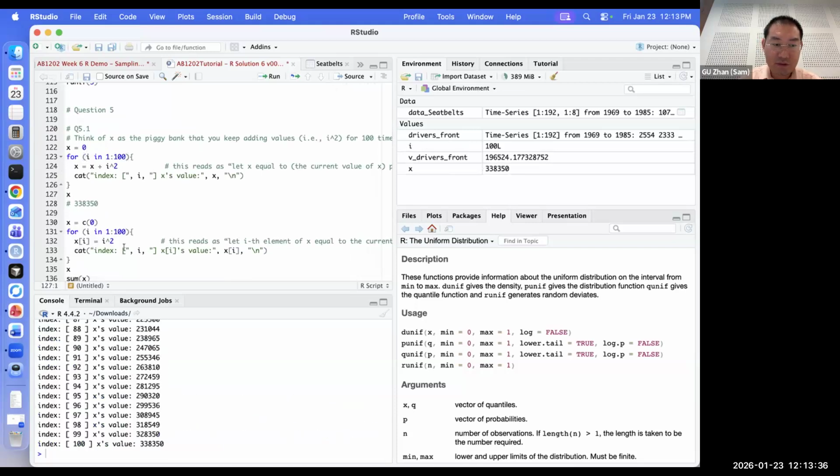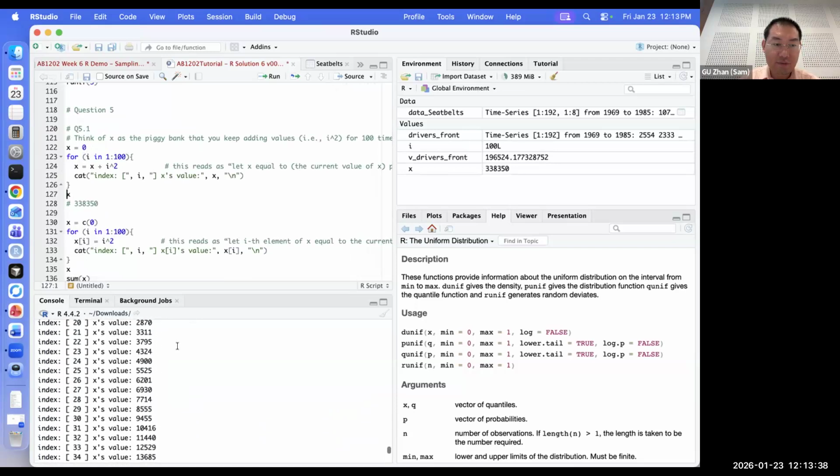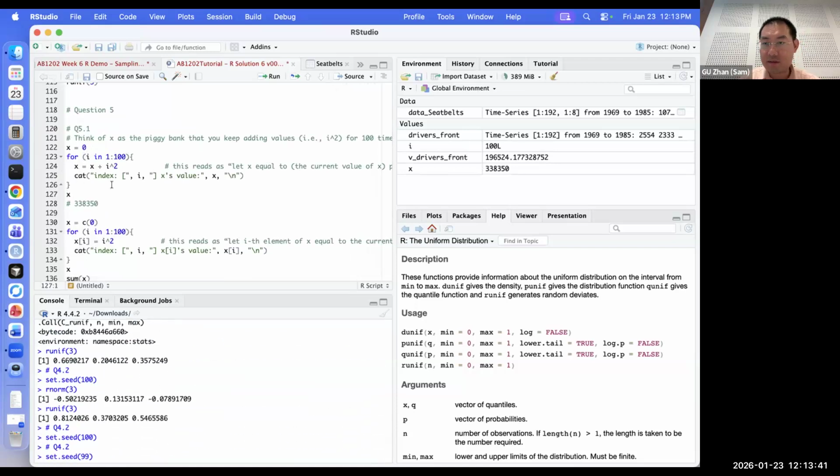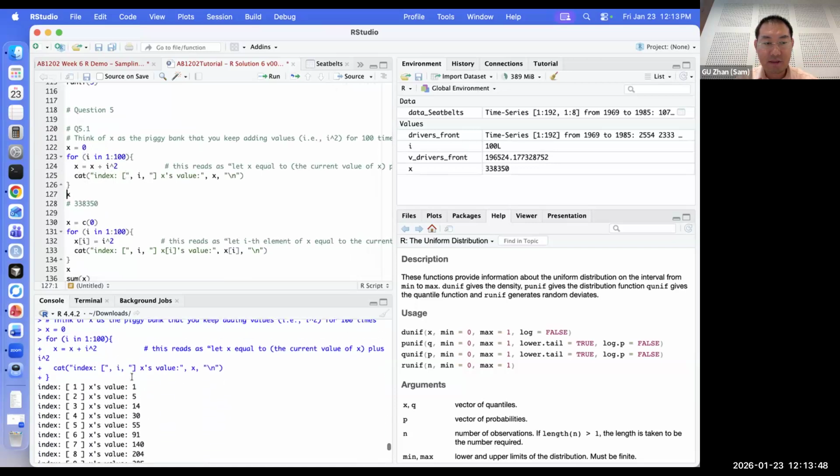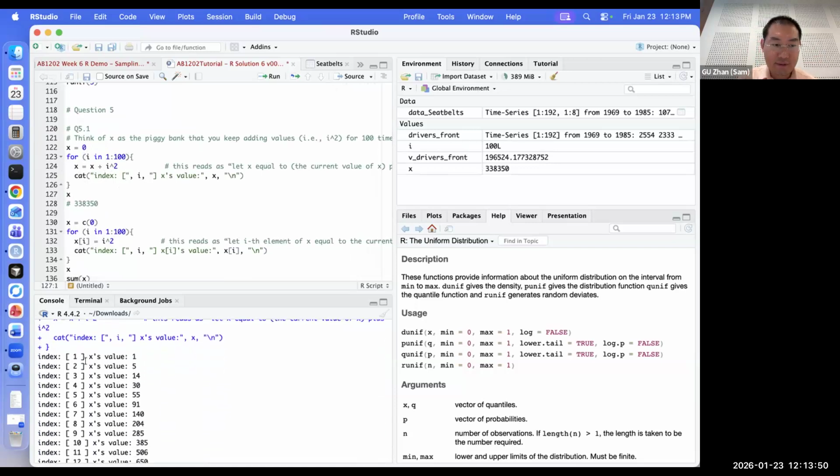Let's run it. After running the for loop, the cat command shows the display. With cat, you can put some literal here, like index, and x value is the actual x value. When i equals 1, x is initially 0, so x equals 0 plus 1 power 2. 0 plus 1 is 1, then we assign 1 to x, and x changes.